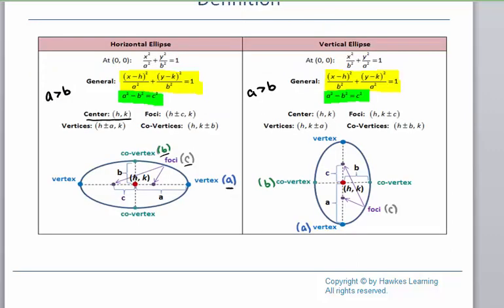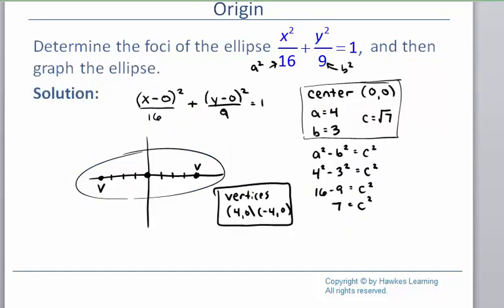All right, remember that your foci points are defined by the c value. So my c value is the square root of 7. Now, you may need your calculator to accurately plot that. The square root of 7 is about 2.6. So if I'm going to place a foci point, I'm going to come over 2.6, which is going to put it maybe right about here.